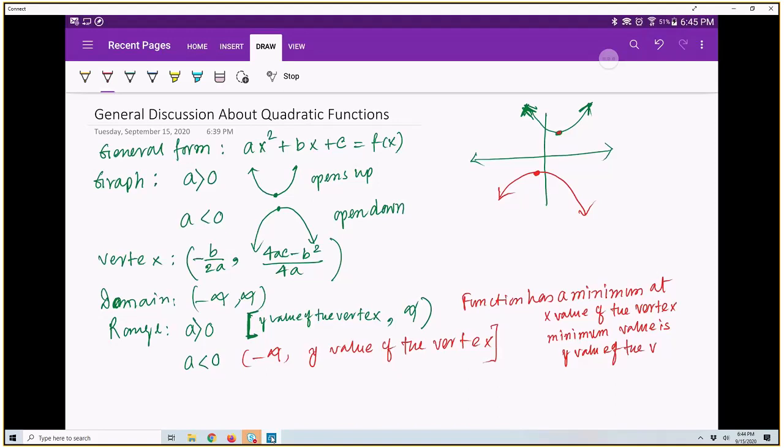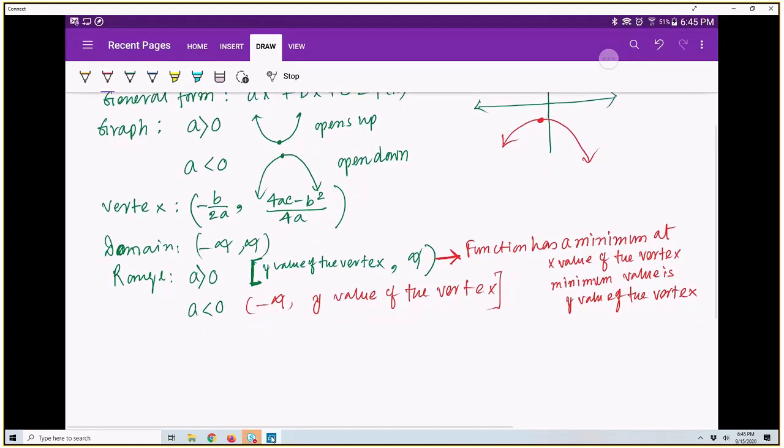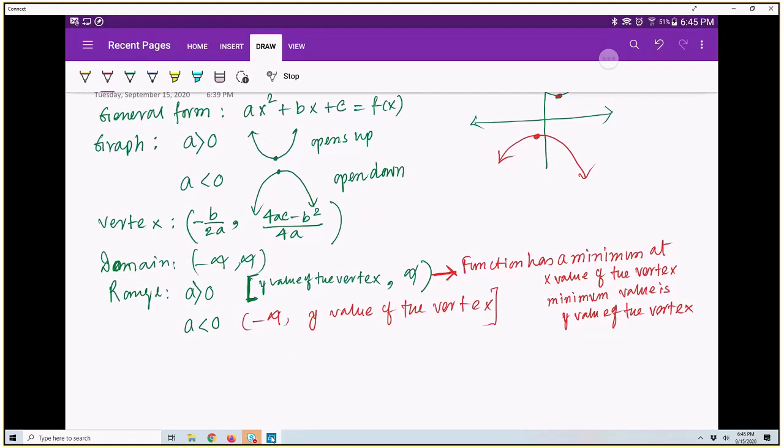And remember, this is the information you get if the parabola opens up. Whereas if your parabola opens down, that means the leading coefficient a is less than 0, then the minimum point, the vertex, has become the maximum point. So we will say in that situation, the function has a maximum at the location, again, the x value of the vertex.